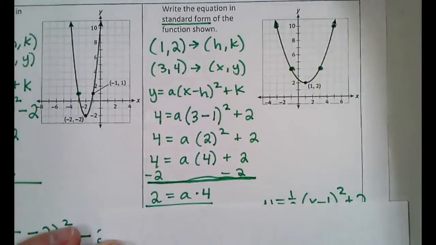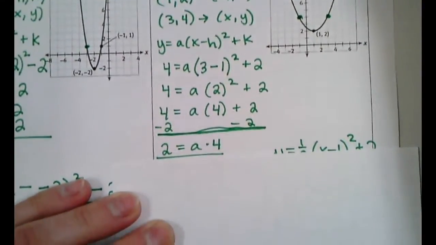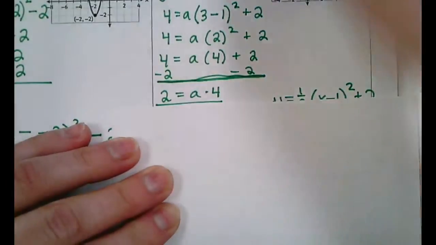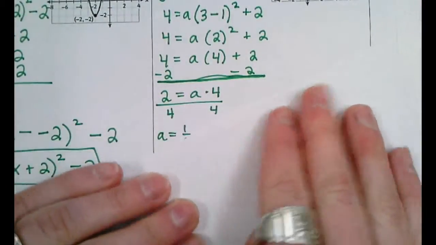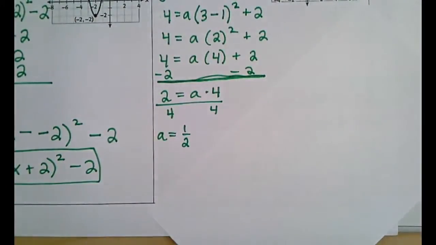I did have one extra step in this problem, so my next step was to divide by 4, and I found my value of a was equal to 1/2. If you found your value of a was also equal to 1/2, or if you had some trouble with it, fix up your issues right now before we get to plugging it into the equation.